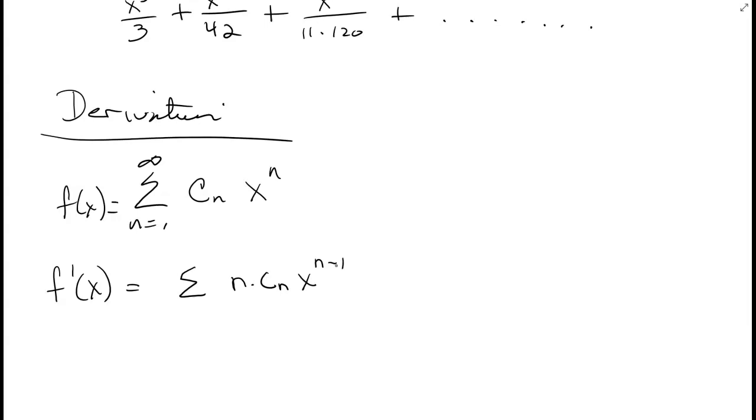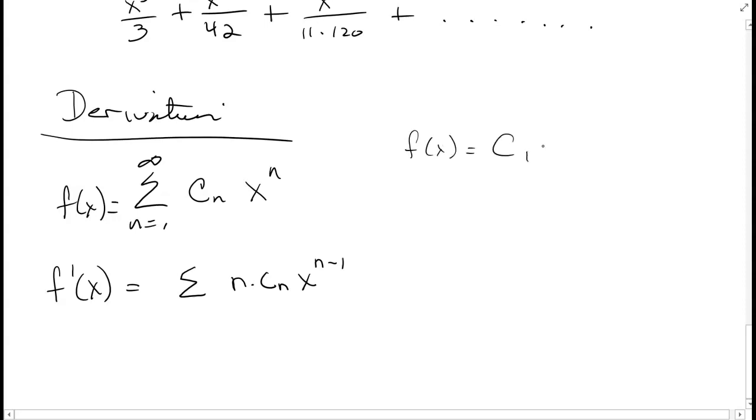Now, be careful. Here's where you need to be careful when doing that, because f of x itself is going to look like c to the 0, sorry, start this at 0. I don't know why I put 1 there, I meant to put 0. Right, x to the 0, which goes to 1, plus c sub 1 x to the 1, plus c sub 2 x squared, right?